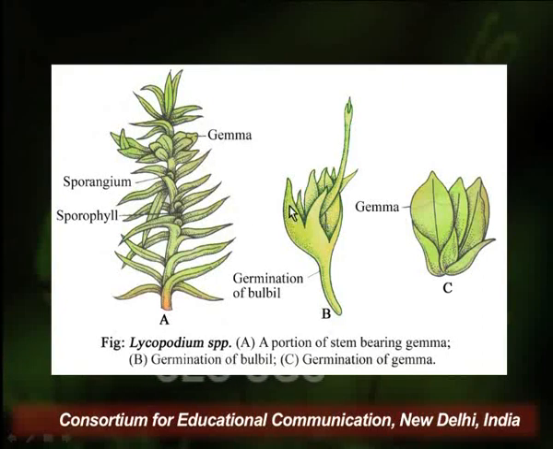Now, these rounded structures fall on the ground. These are also termed as bulbils or gemma. So, these gemma fall on the ground and then start germinating because of the enough nutritional material they possess, and then they give rise to a new sporophytic generation.